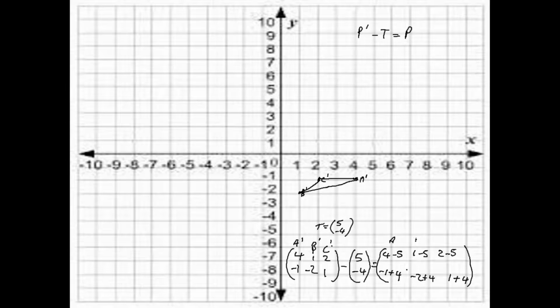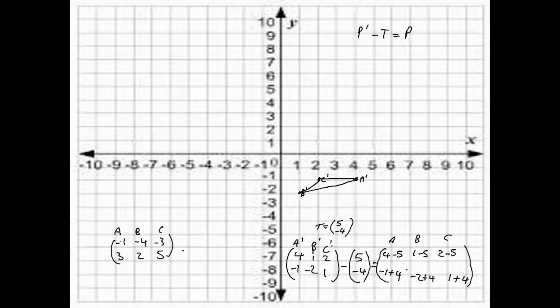Okay. And now we can simplify our A. This will be our B. This will be our C. So we're going to simplify 4 minus 5 rather, minus 1. 3 right there. For B, we have a minus 4, we have a 2. And for our C we have a minus 3 and 5.